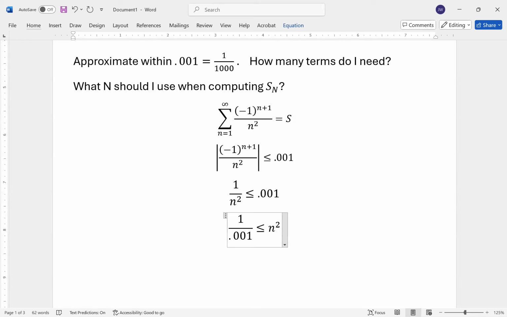And then I would take a square root of both sides. If I take the square root of 1 divided by 0.001, since everything's positive, the sign will remain the same. I get 31.62 roughly.